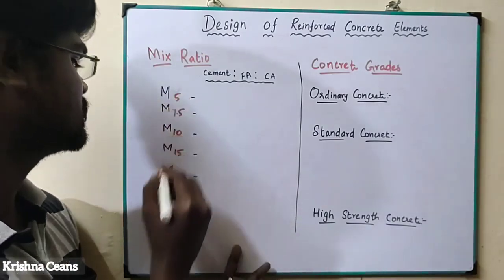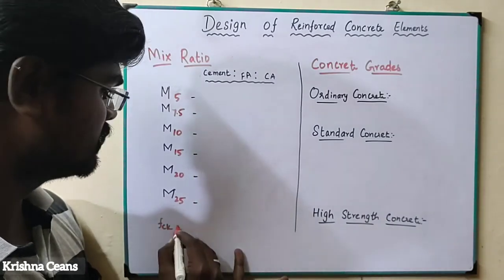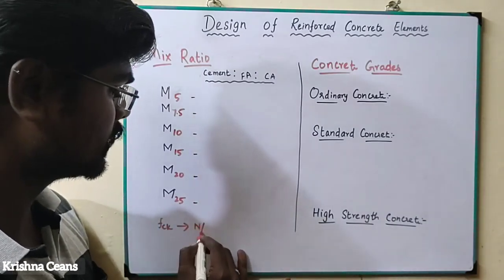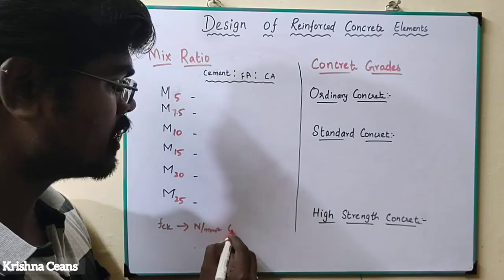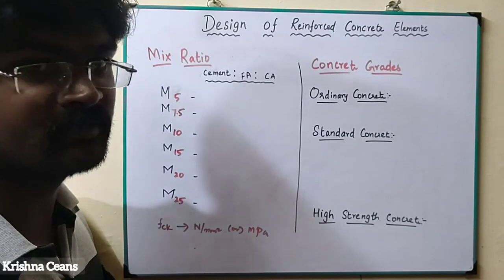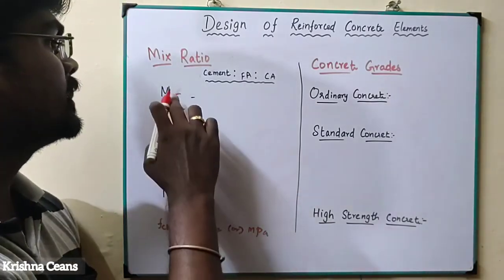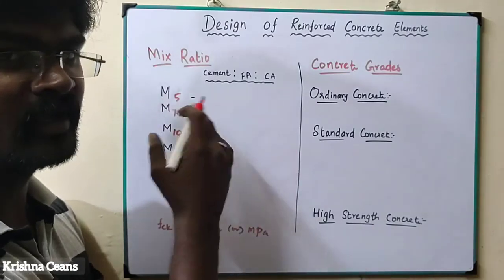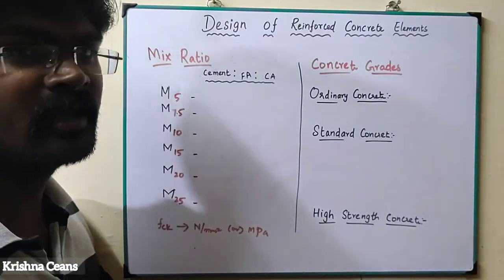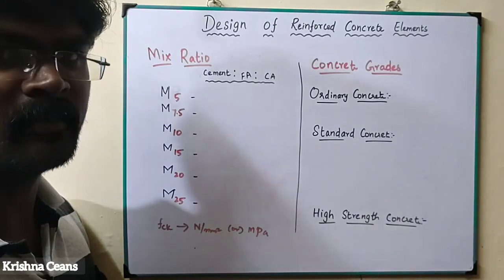We mention it as fck, characteristic compressive strength, denoted in Newton per mm square or megapascal. 1 megapascal is equal to 1 Newton per mm square. So if you take M5 grade of concrete, it has a strength of 5 Newton per mm square or 5 megapascal.